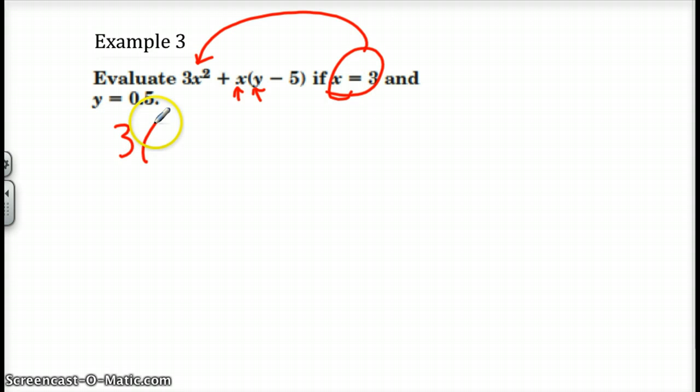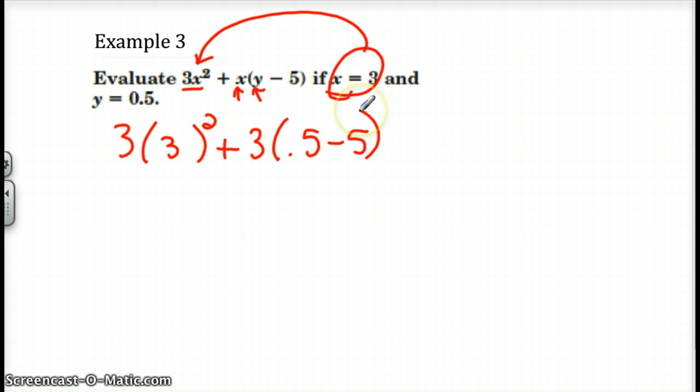My x is 3 squared. I'm doing times, that's why I got parentheses, plus 3, my y is 0.5 minus 5. Again, I need my visual. Please excuse my dear Aunt Sally. I'm looking for parentheses first.